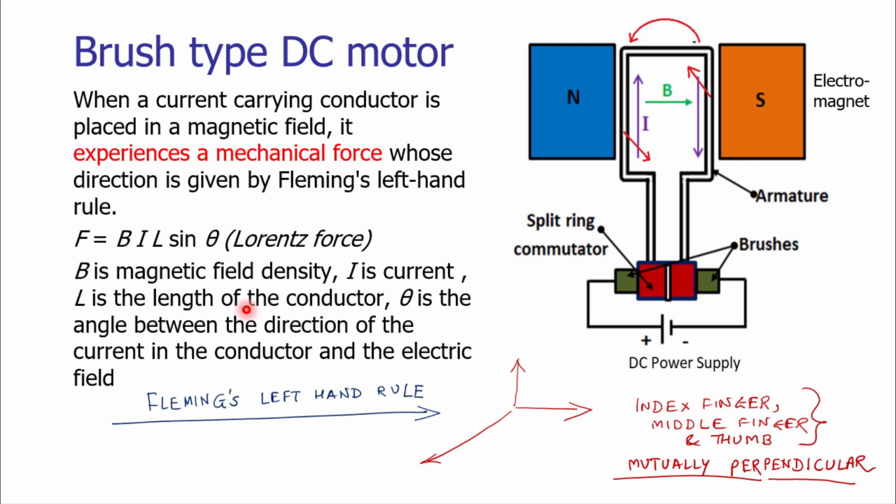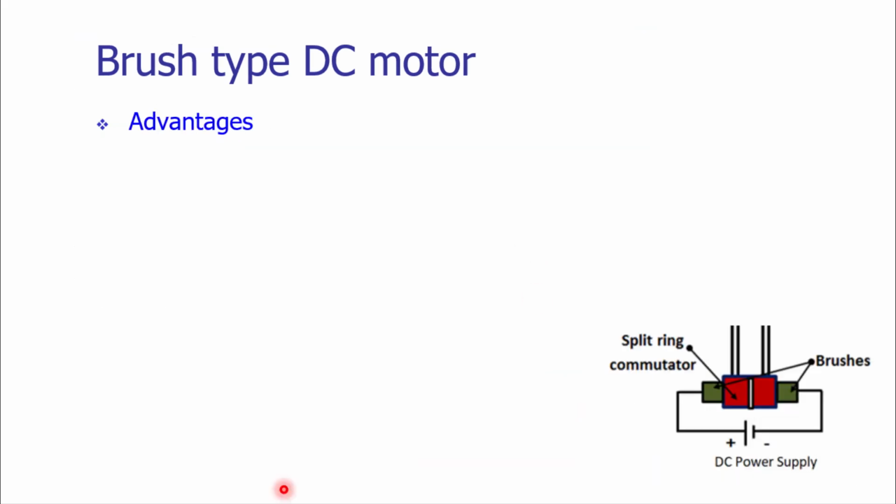The theta is the angle between the direction of the current in the conductor and the magnetic field, which is changing continuously. So with this, we can easily compute the force which is acting on the current carrying coil and its direction.